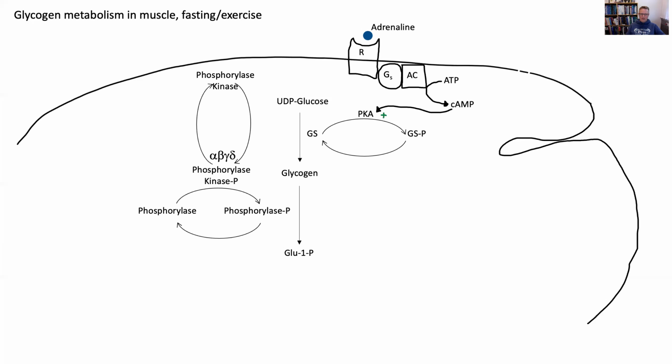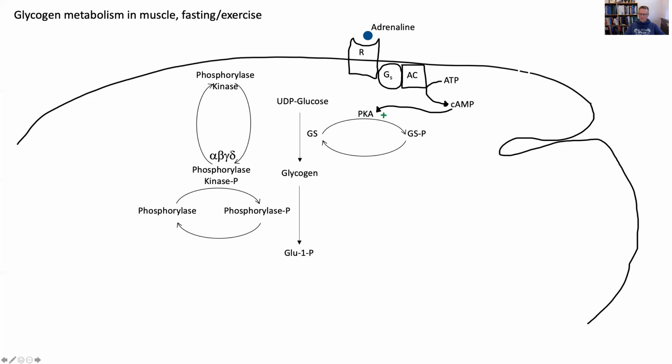We know that under conditions like fasting or perhaps exercise, the level of adrenaline will increase in the circulation. As we saw in the adipocytes, adrenaline, like noradrenaline in adipocytes, can activate a G protein coupled receptor, which via a stimulatory G protein can activate adenylate cyclase that produces cyclic AMP from ATP.